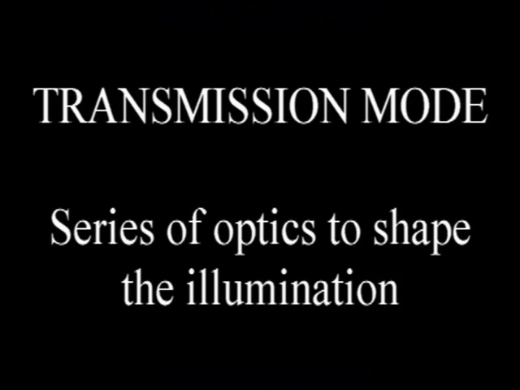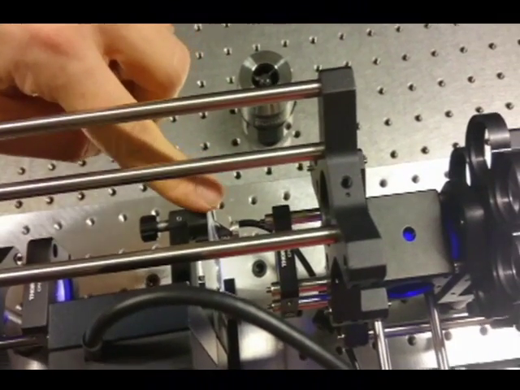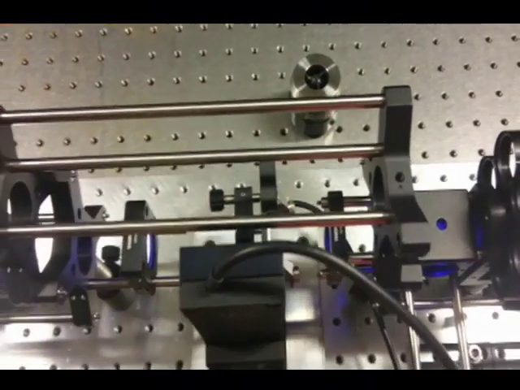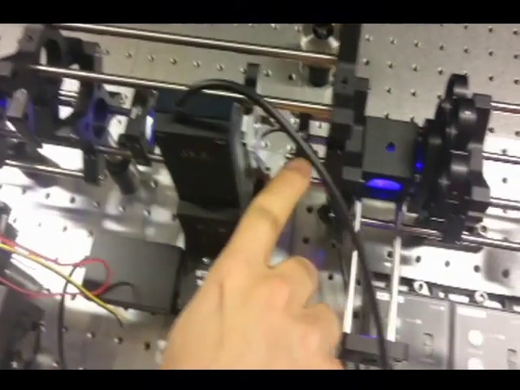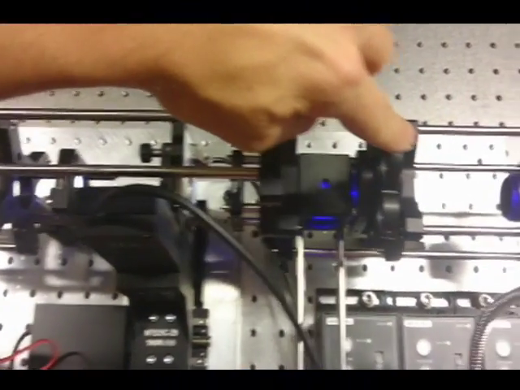This is the transmission mode. Light gets transmitted through the system and reaches the sample. Then we have another holder where we can fix any objective we want.